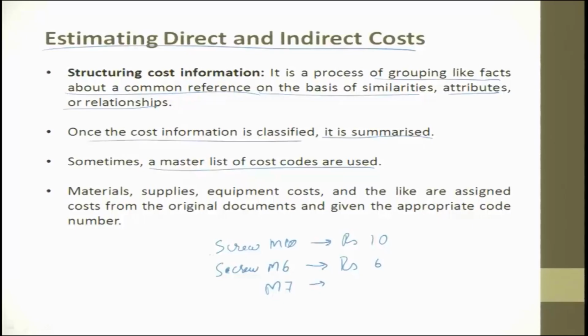In a master file I can see M6 and M10, take a price in between these two, and start putting it as a cost.